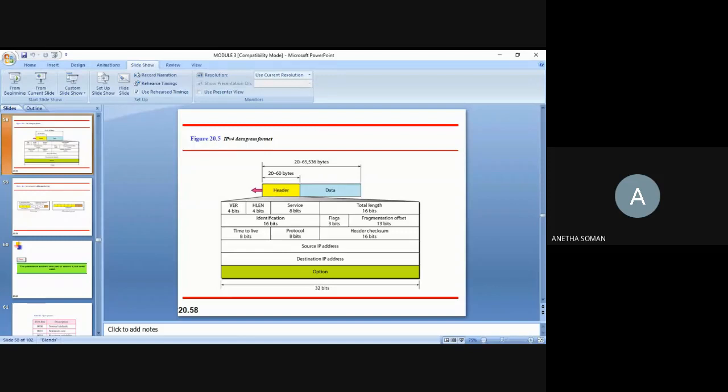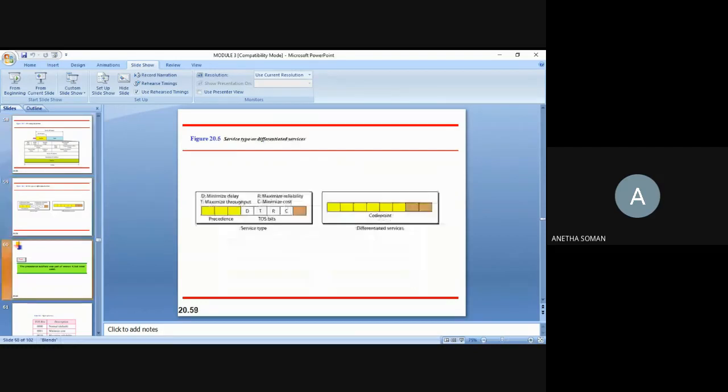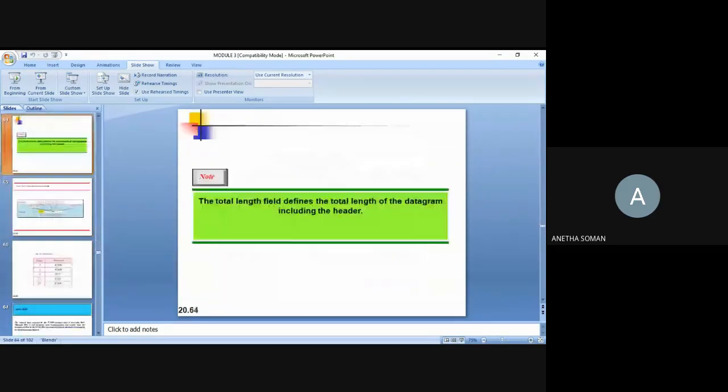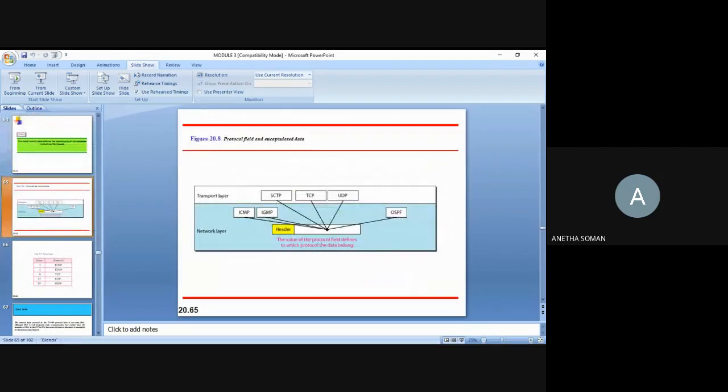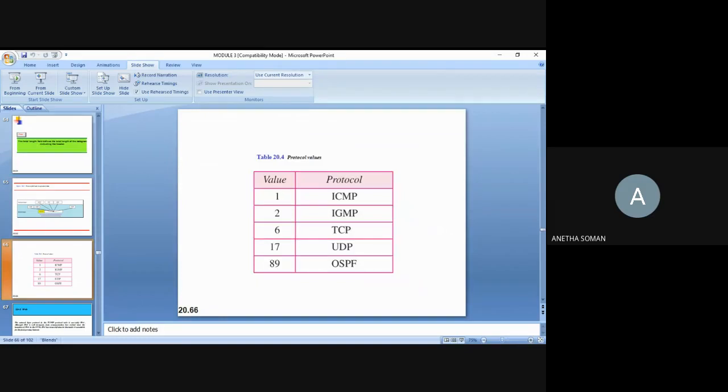Now the next field is the protocol field. The protocol field defines the higher level protocol. You can see it in the diagram. Some higher layers make use of this protocol field. The data in the datagram has to be passed to the upper layer, so the protocol to take care of that is specified in that field. You will have certain protocol values.